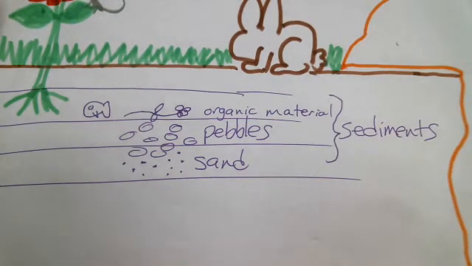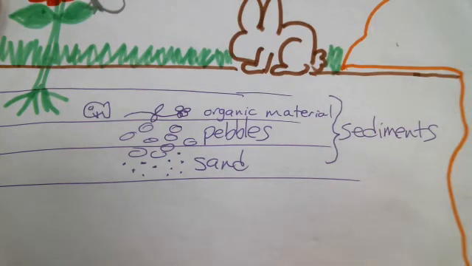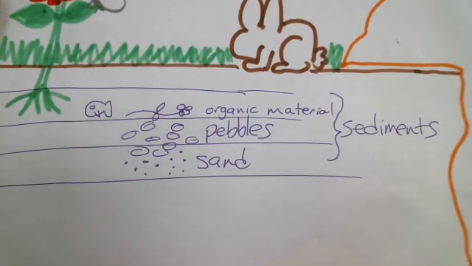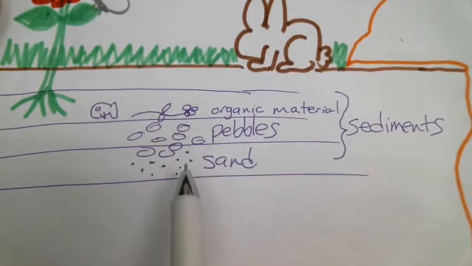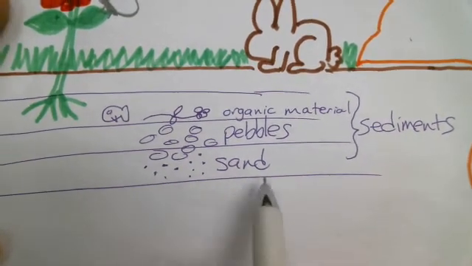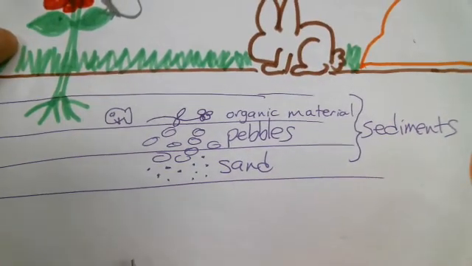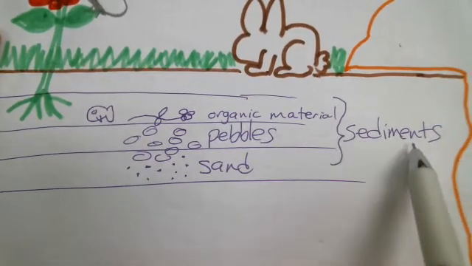And when these materials are compacted together, which means squeezed really hard, and they also have the right chemicals around them that act like glue or cement, these things can be all attached together in a rock, and we call that a sedimentary rock because it's made out of the sediments.